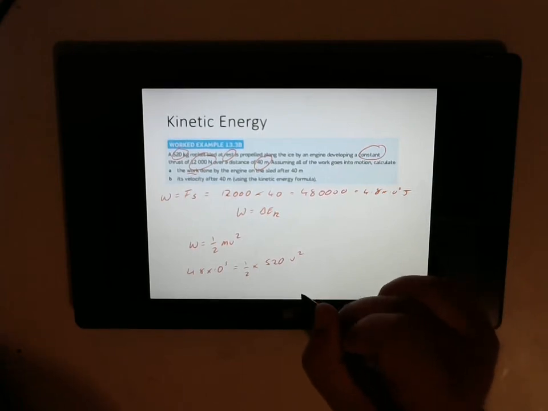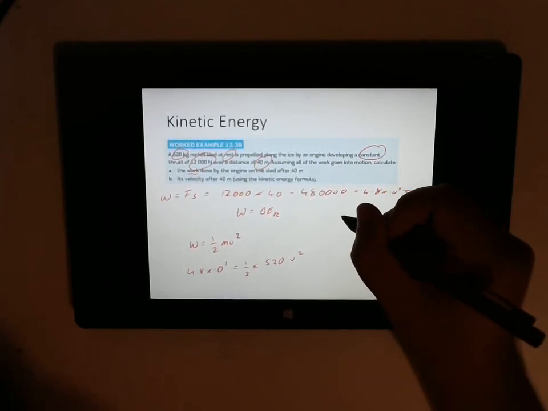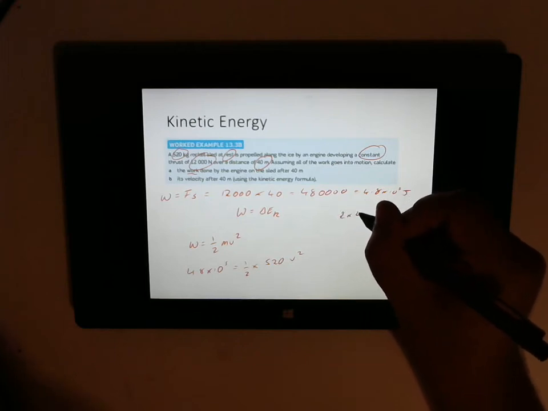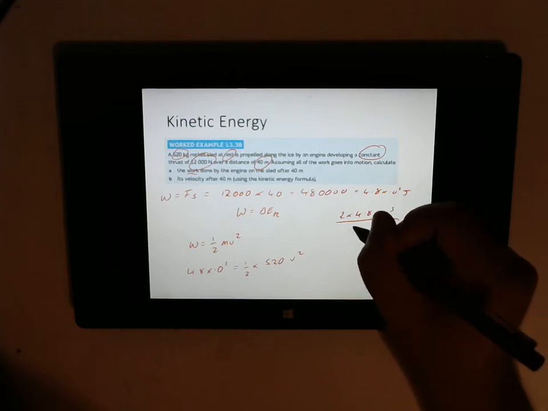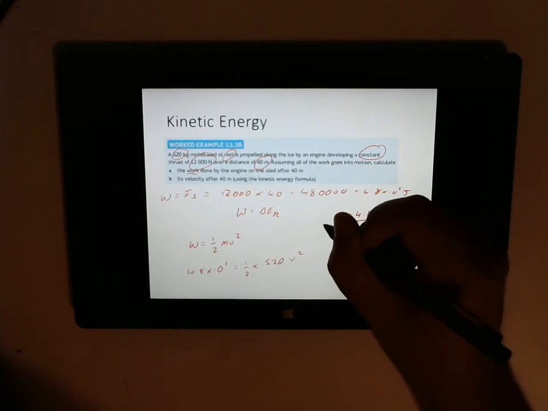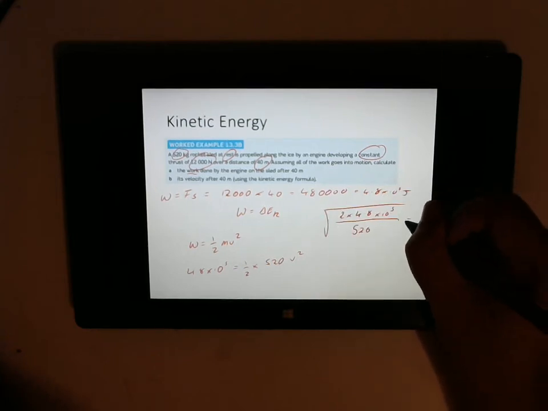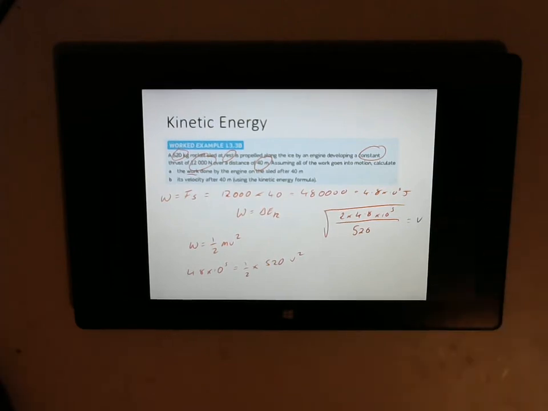Again, if you're having trouble with the algebra on this, you need to see me in your own time. So 2 times 4.8 times 10 to the 5, divide that by 520, take the square root of it, and that will give me v. 4.8 times 10 to the power of 5 times that by 2, divide that by 520, take the square root of that.